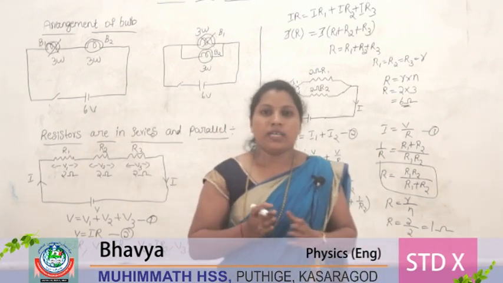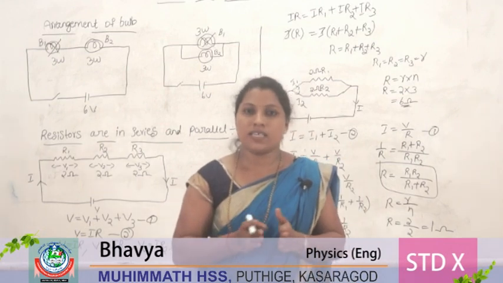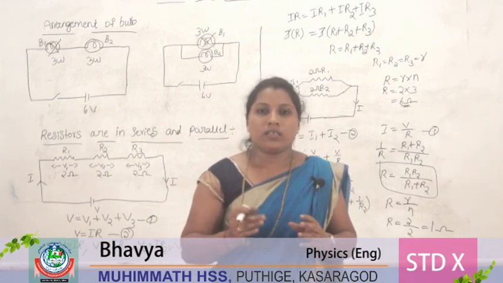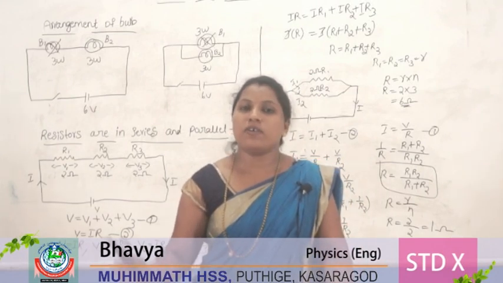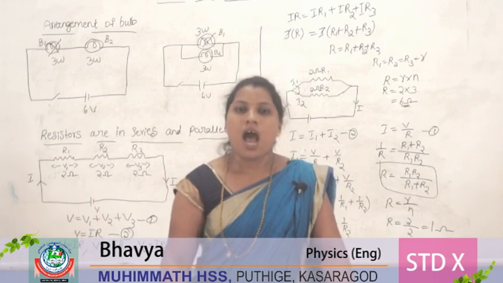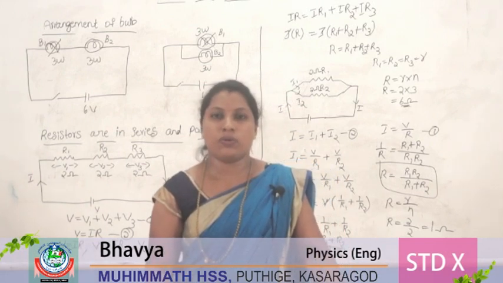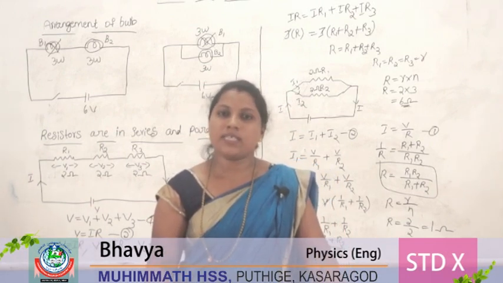You understood, no? In a series connection and a parallel connection, how you calculate the resistance using two formulas. First, in series connection, effective resistance R is equal to R1 plus R2 plus R3.